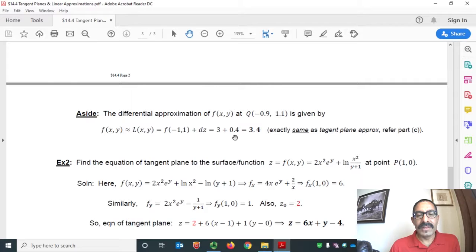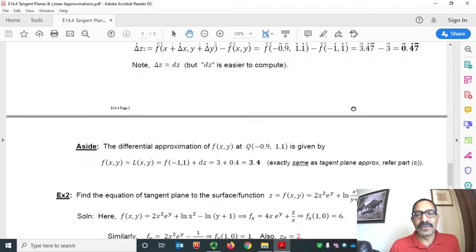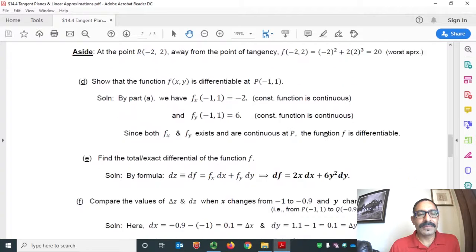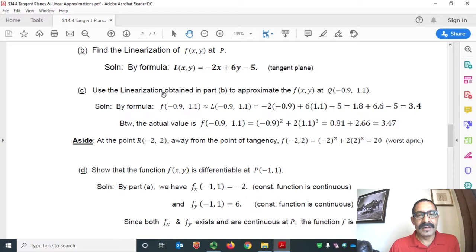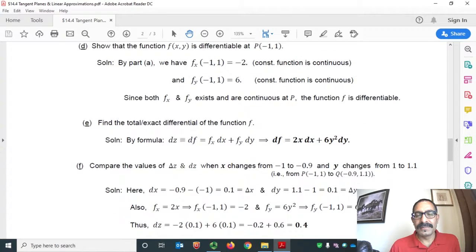So 3 plus 0.4 turns out to be 3.4, which is the differential approximation. This is exactly the same as the tangent plane approximation we found in part C. Let me show you. In part C, the linear approximation, or tangent plane approximation, was 3.4. Awesome. So now let's move on.